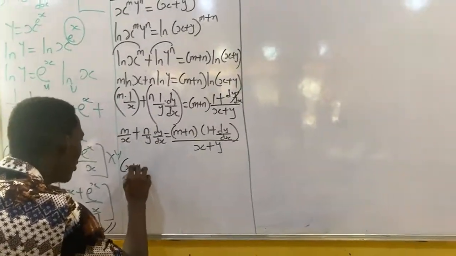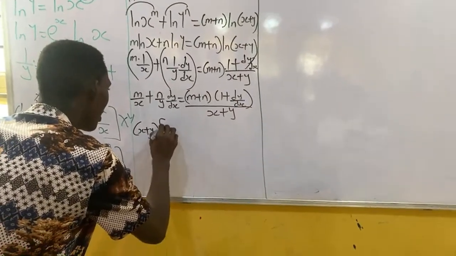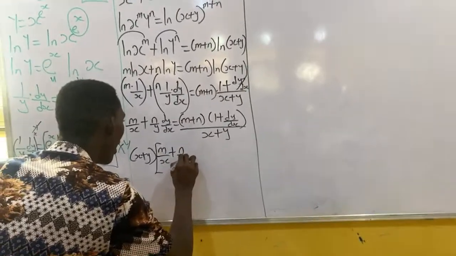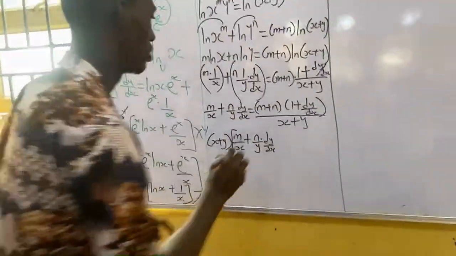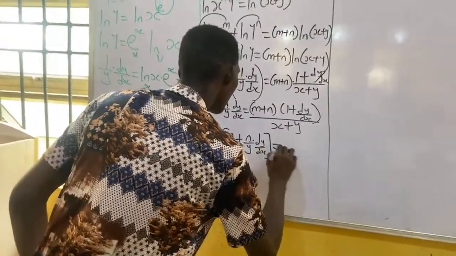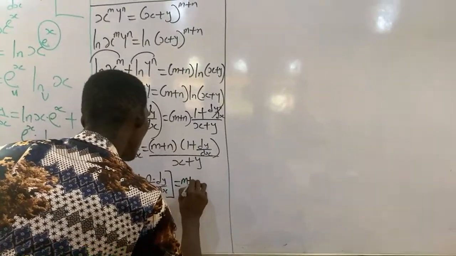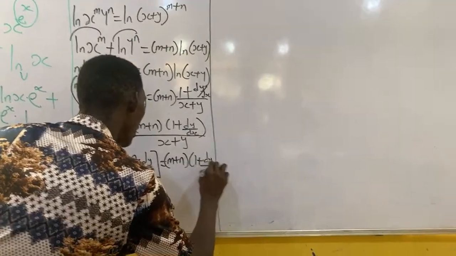So if you do that, then this will be x plus y, then into bracket, let's open a big bracket, m over x plus n over y times dy over dx. Let me put a dot in between. Is equal to, we have our m plus n and we have our 1 plus dy over dx.